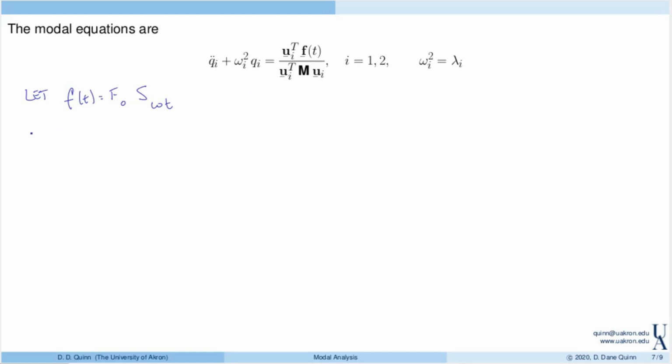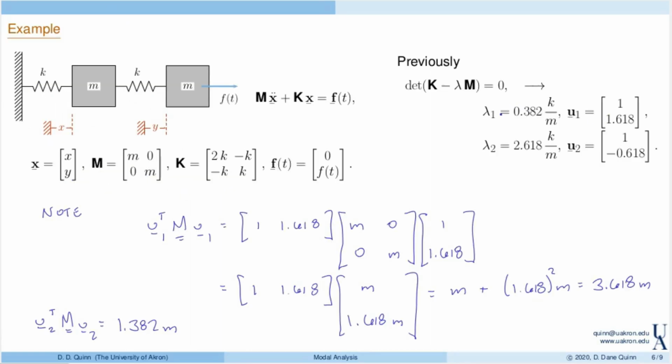So let's go and look at the individual modes and how they respond. So for mode 1, the modal equation ends up as Q1 double dot plus 0.382 K over M times Q1 equals, well, so when I work this out, let's go back and remember that lambda 1 is the natural frequency, or the eigenvalue, and the mode shape was 1 and 1.618.